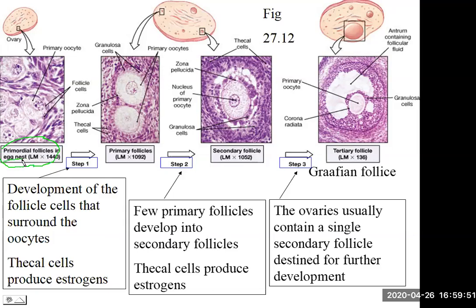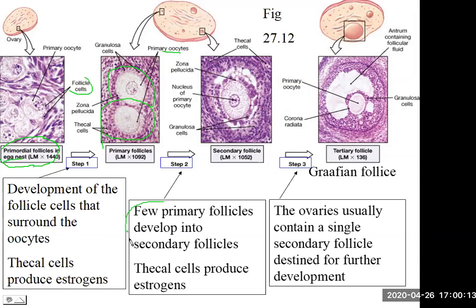Each cycle, each month, a number of these primordial follicles will develop and enlarge to make a few of these primary follicles. We can see two here. And what I was trying to sketch, you notice the oocyte in the center and the surrounding bordering cells on the edge.